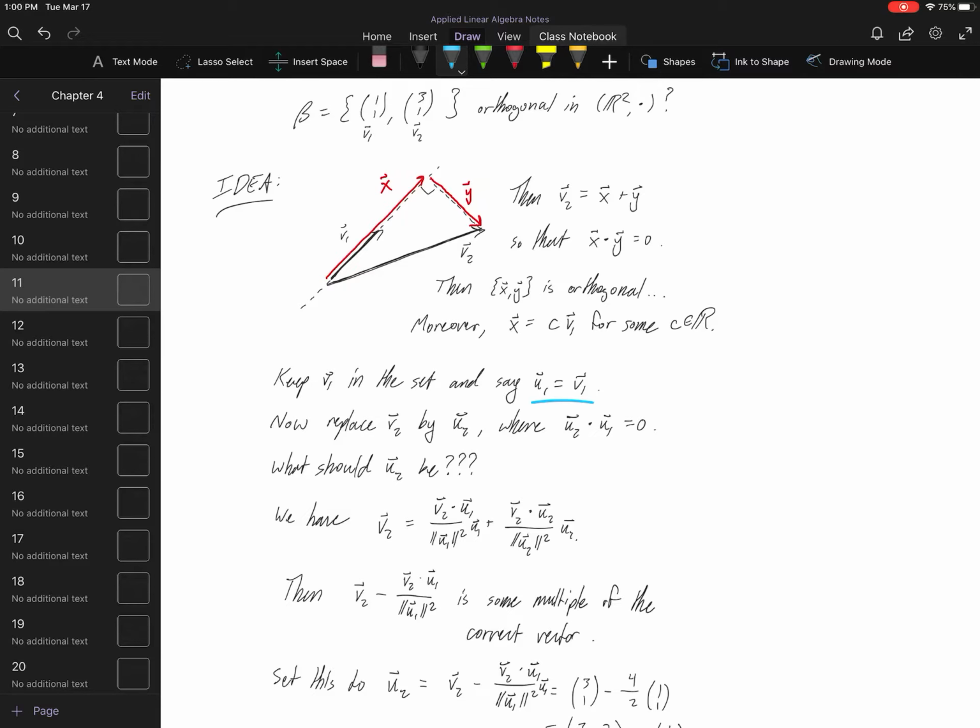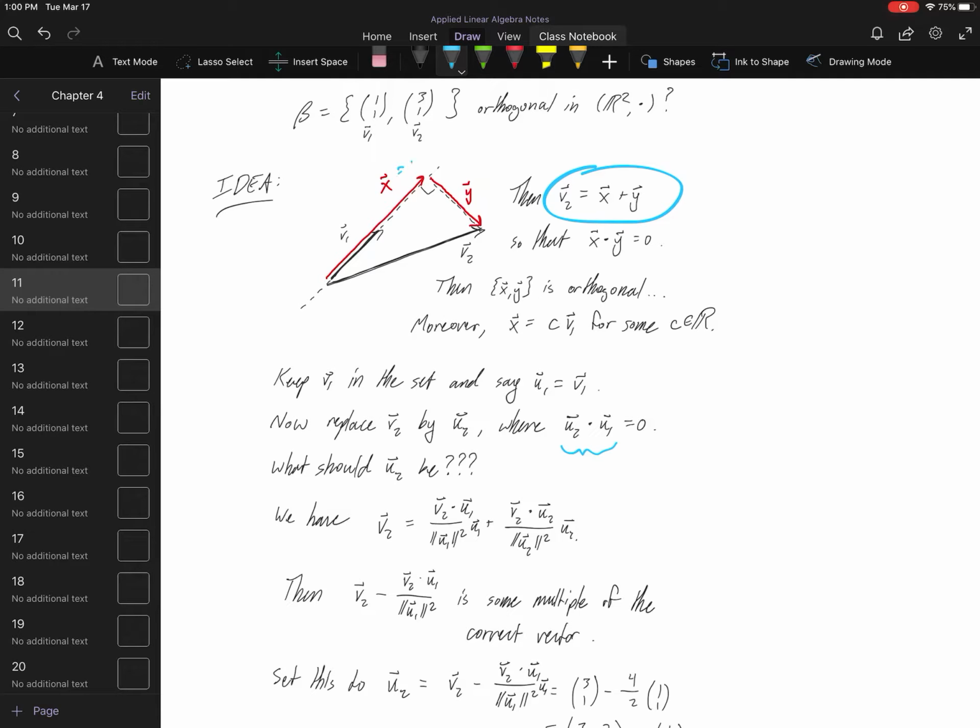Done. That's step one. Second, we need to know how to modify v2 so that it is perpendicular, or orthogonal, to v1. How are we going to do that? Well, let's replace v2 by u2, and u2 needs to be something that is orthogonal to u1.